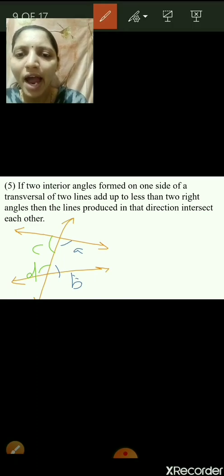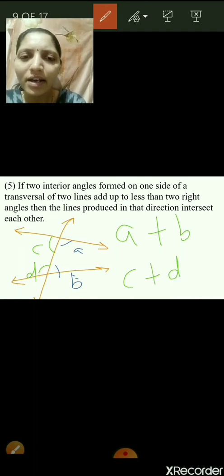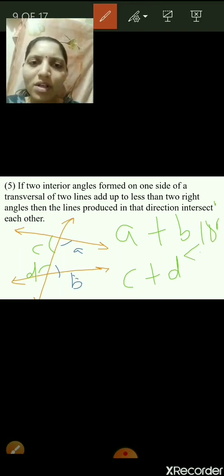If you add these two interior angles, that means A plus B and C plus D, and if this addition is less than 180 degrees, why 180 degrees? Because less than two right angles. Two right angles means 90 plus 90, that is 180 degrees.